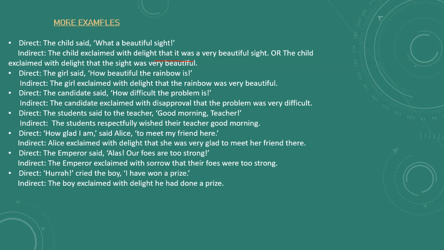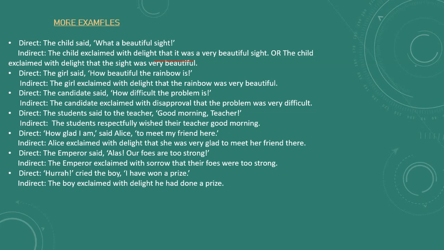Just transform this into assertive, that is a simple sentence: it is a very beautiful sight, because beautiful is an adjective, so very will be used before it. And then transform: the child exclaimed with delight that it was a very beautiful sight, the present tense converted into past tense. Or the child exclaimed with delight that the sight was very beautiful. Both ways are correct.